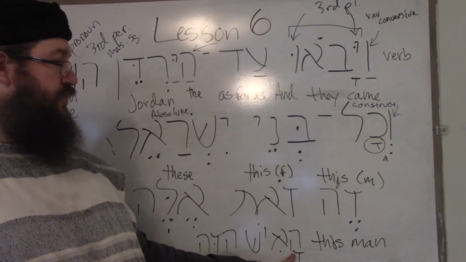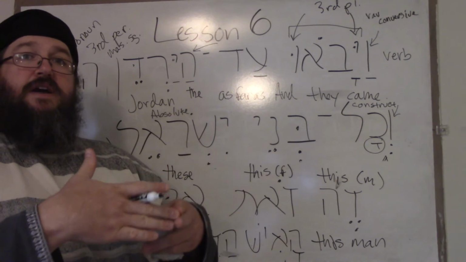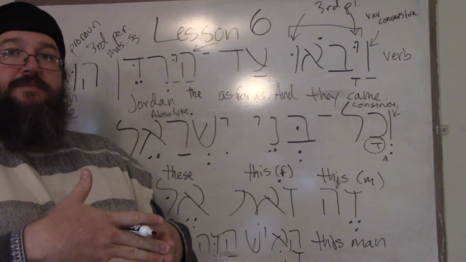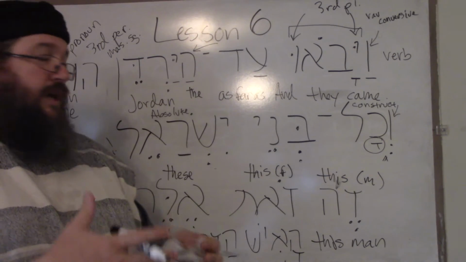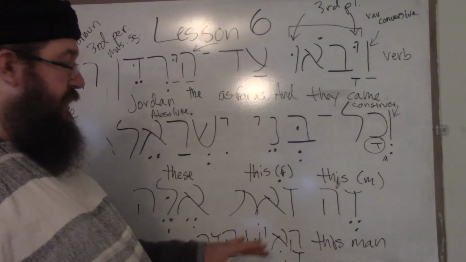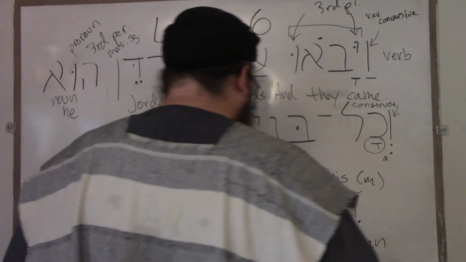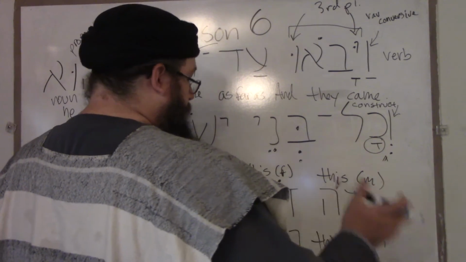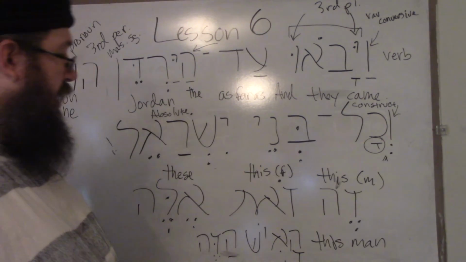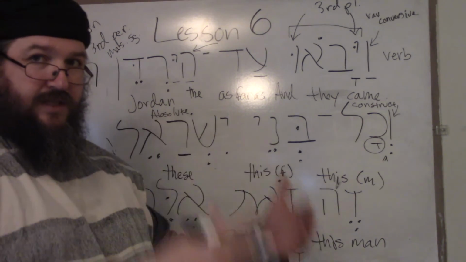It's rejected when we're translating it because this is the specifier that we utilize that makes something definite. Okay? Ha'ish hazeh, this man. So ha'ish hazeh, this man, versus ze ha'ish, this is the man.